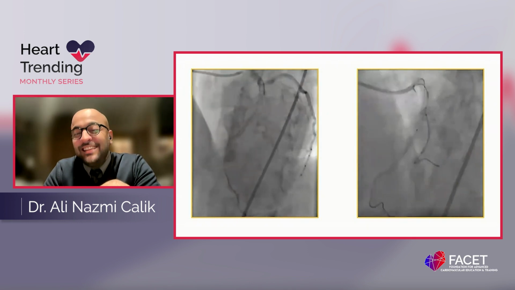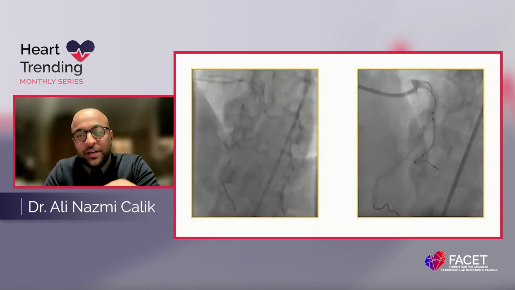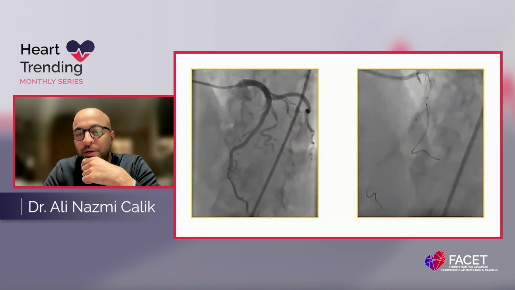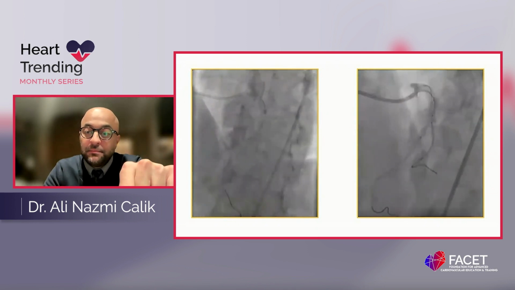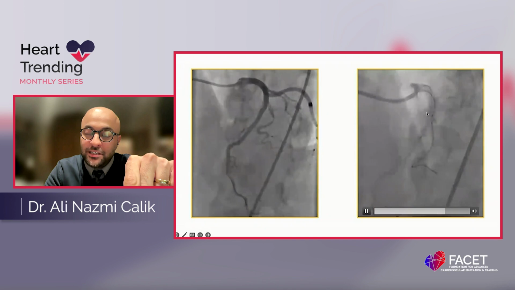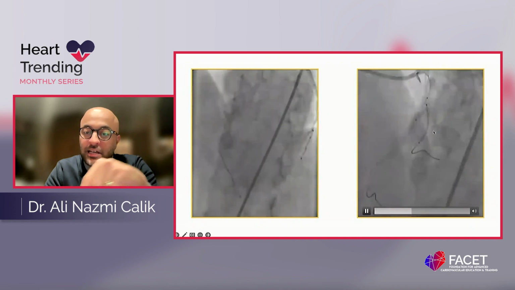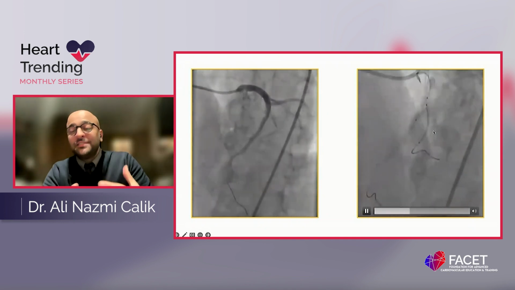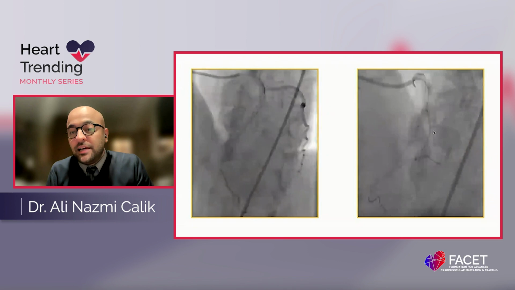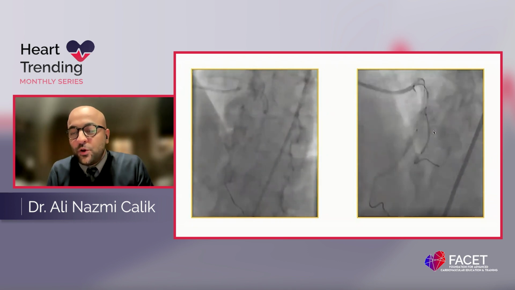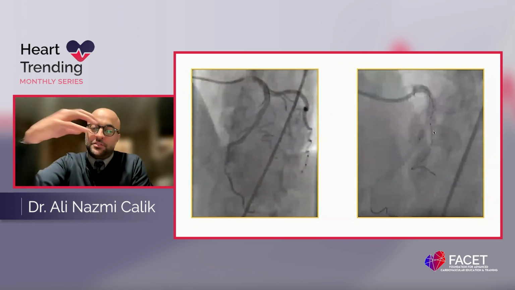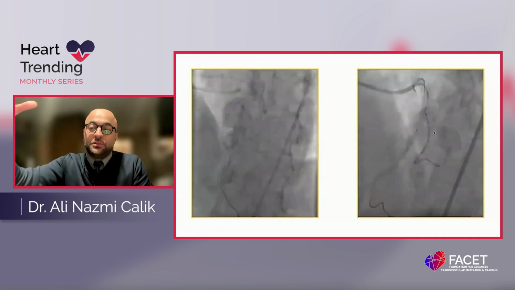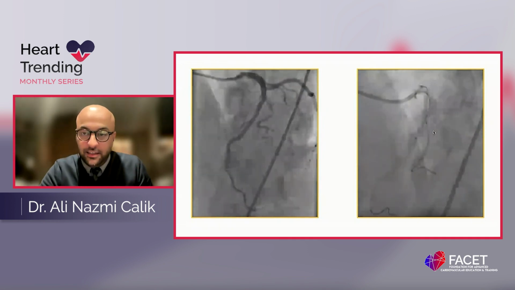And then hopefully we could manage to advance the guide wire to the side branch, and we parked a balloon in the main vessel and advanced the side branch stent. Of course, because we have a dissection and compromised flow, we have to upgrade our strategy from the provisional to a second stent technique.